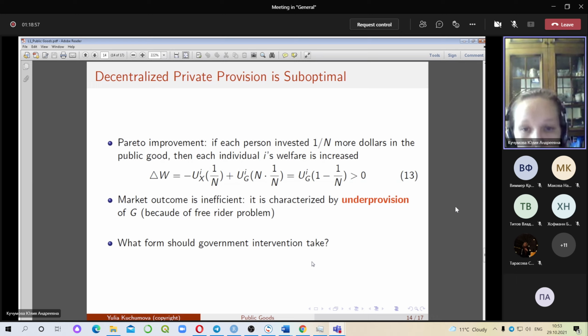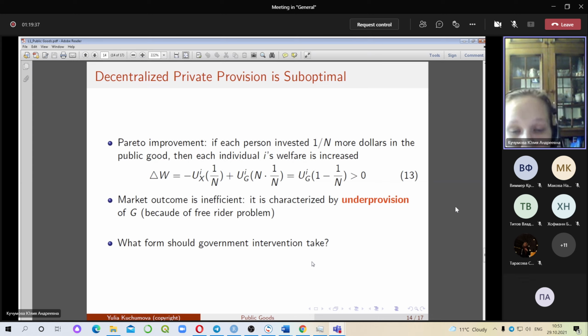Plus, his utility will increase because now he will consume more of the public good. This increase is equal to the marginal utility, the derivative of ui with respect to g, multiplied by the quantity of good g, which is n multiplied by 1 over n, because each person invests more, and as a result the quantity of public good increases by n times 1 over n.